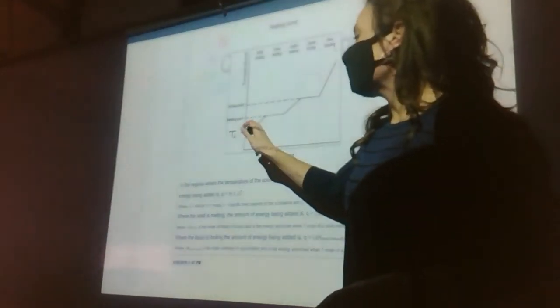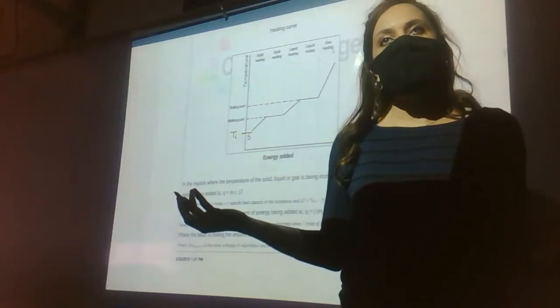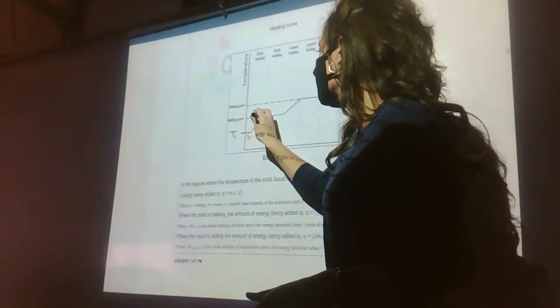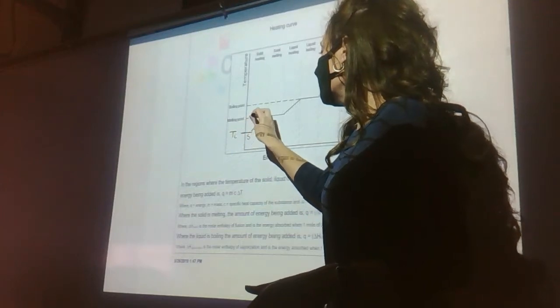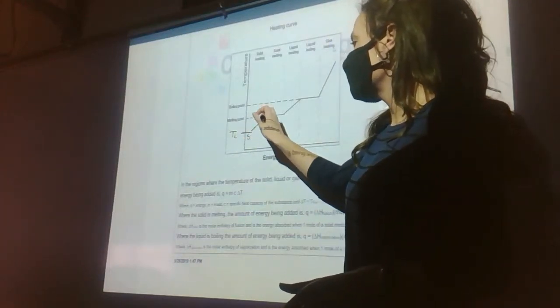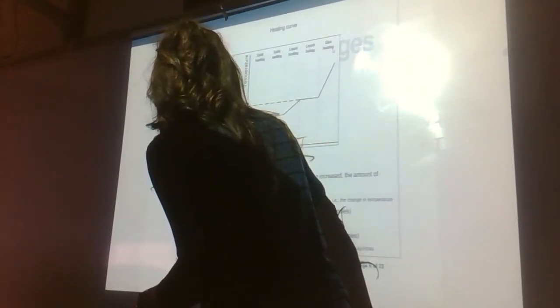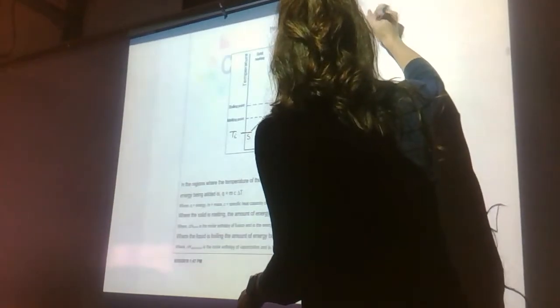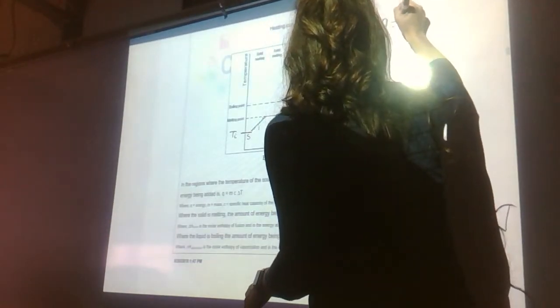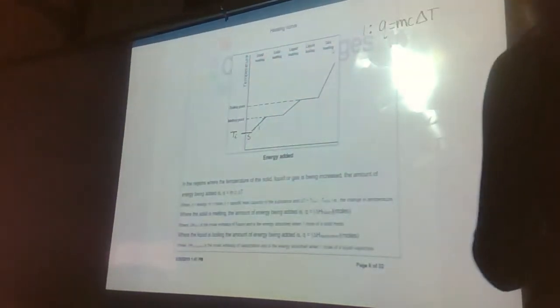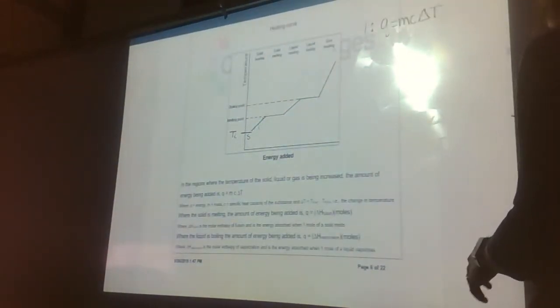As we add energy to a solid, we found out yesterday that the temperature changes. And this whole time, the temperature is changing as energy is added. We're going to call this section 1. In section 1, we can do Q equals mc delta T to calculate the amount of energy added.